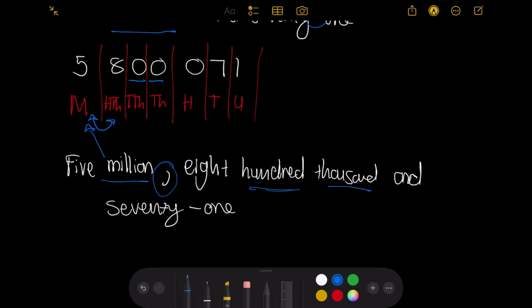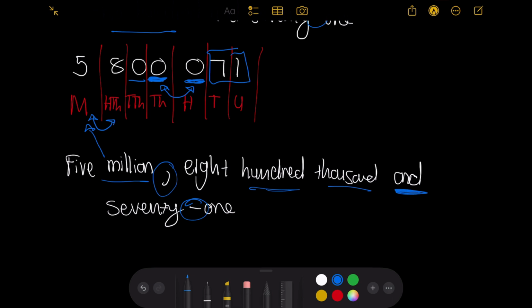However, when I transition from thousands to hundreds, both of them are 0, so there's no need to put a comma as we shared, but we put and, right? And that's where we get the and, then because this is 71, it's of course hyphenated.